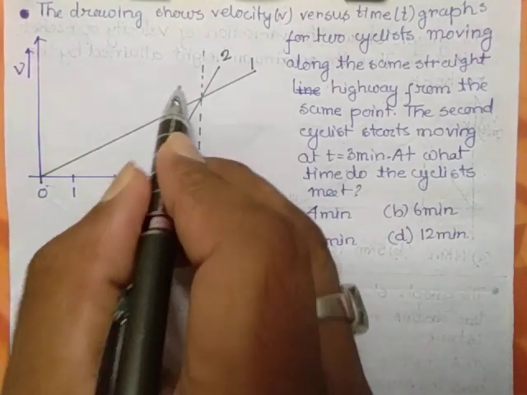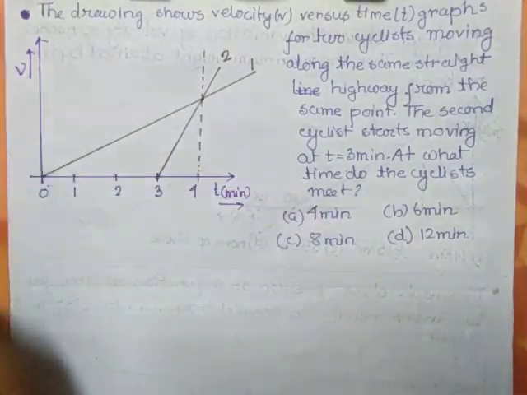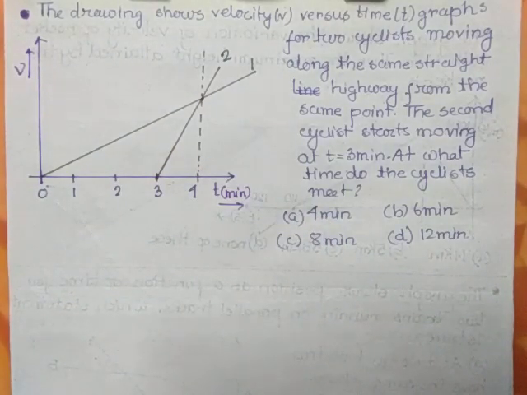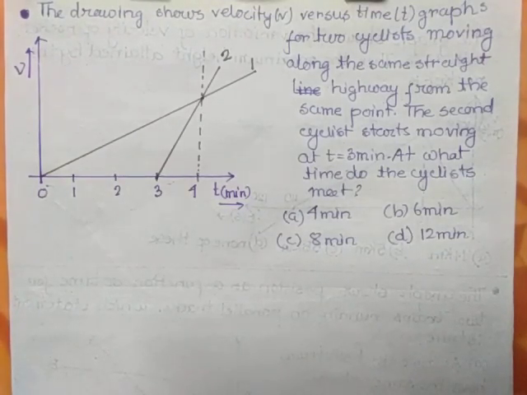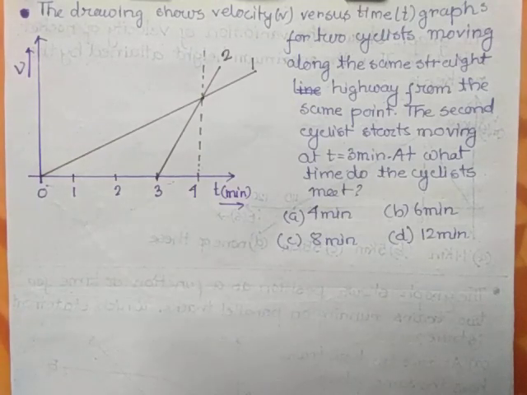It is not what it is representing. It is representing that at time t equal to 4 minutes, both of them have the same velocity. But it is not saying that at that point they will meet. So please deal with this carefully.